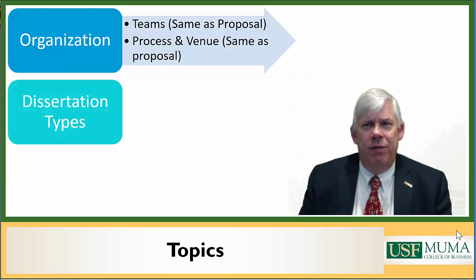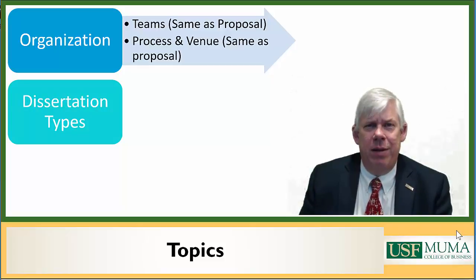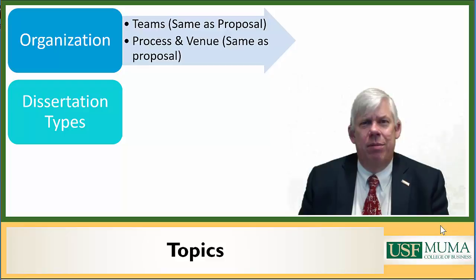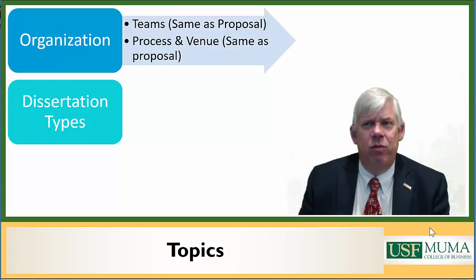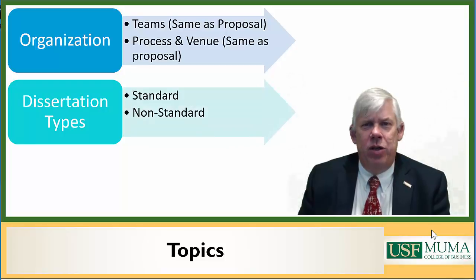What I will spend a lot of time on is the different types of dissertation that are permitted by the Muma College of Business, and these are written into the USF graduate catalog. Two of them are fairly similar to their PhD counterparts. One is the standard dissertation, another is the collection of related papers.